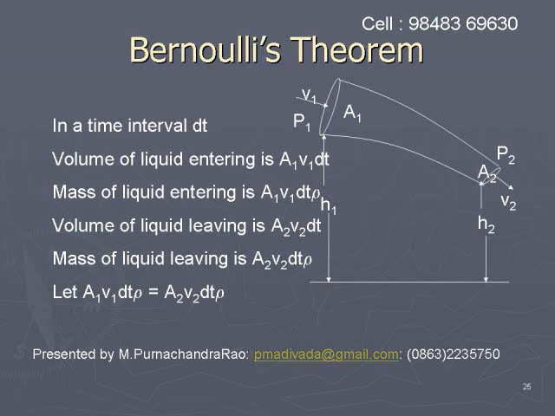From the continuity equation, the mass entering is equal to the mass leaving. So A1 V1 dt rho is equal to A2 V2 dt rho, which we take as equal to a small mass dm.